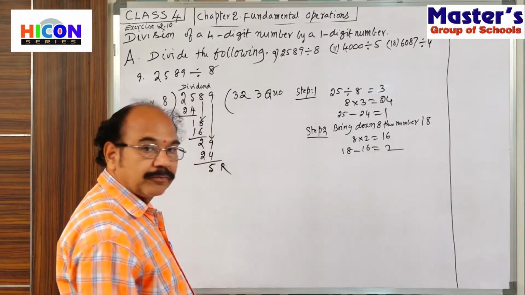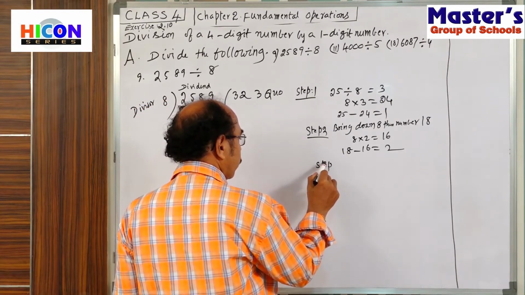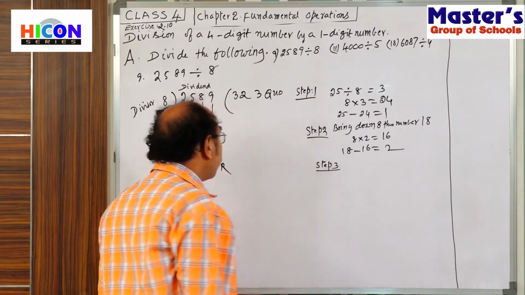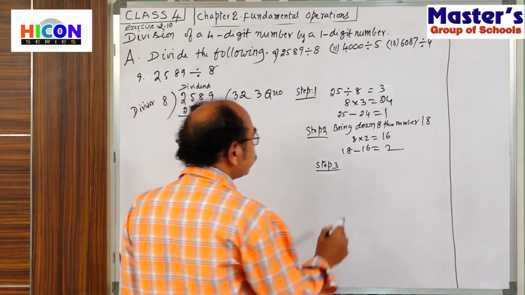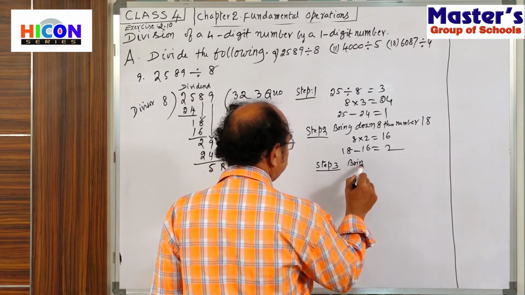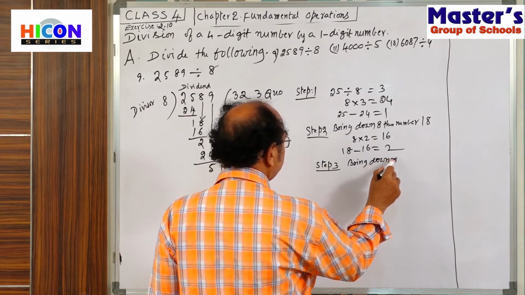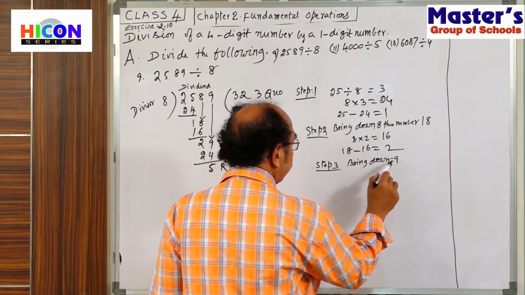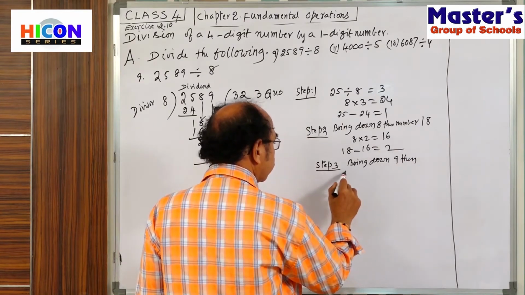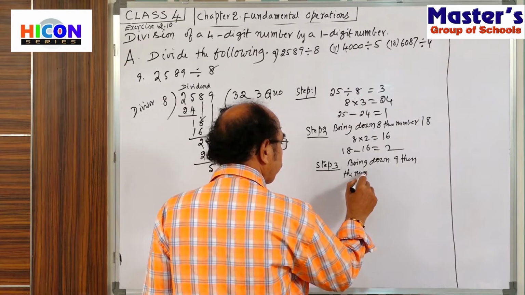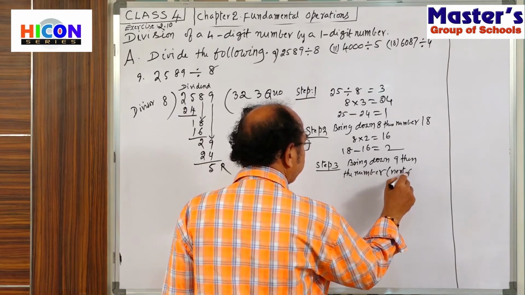Now in step 3, bring down 9. Then the number, that means the next dividend.